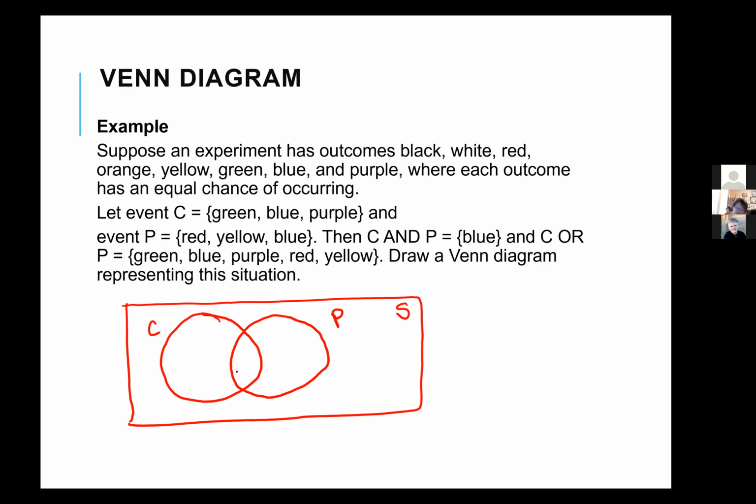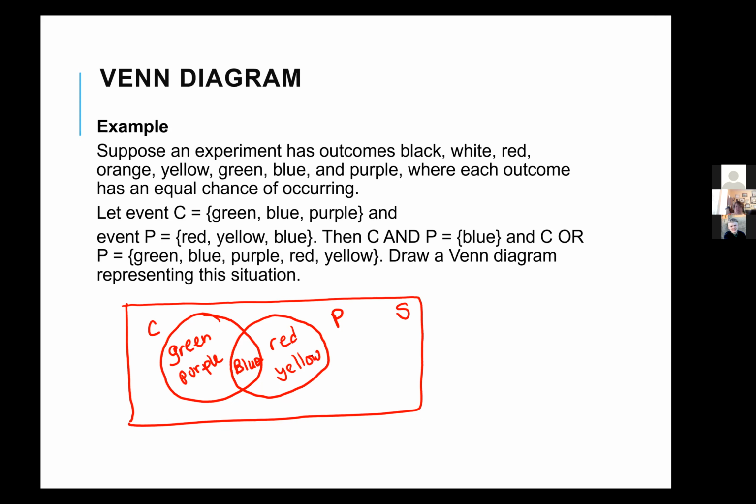So blue is in the middle where they overlap. It's the event they have in common. So C would be green and purple. So now we can see C is green, blue, and purple. And P would be red, yellow, blue. So we would have red here and yellow here. So P is red, yellow, and blue.